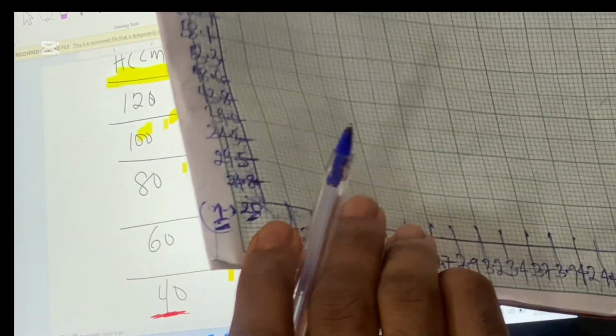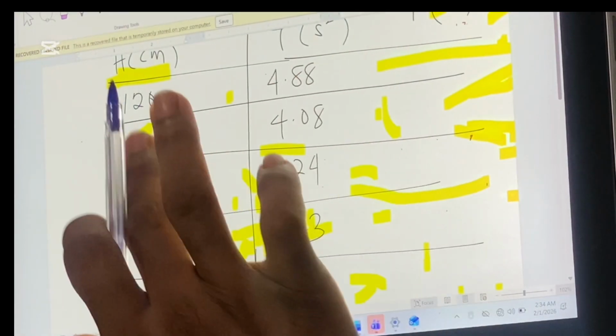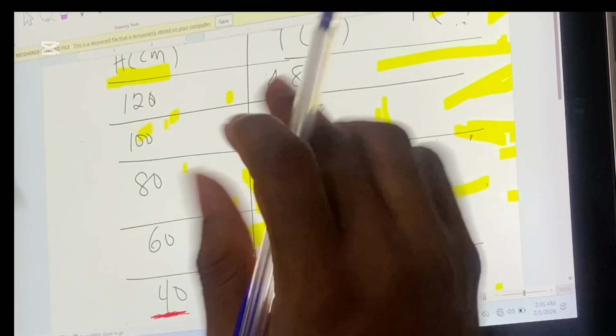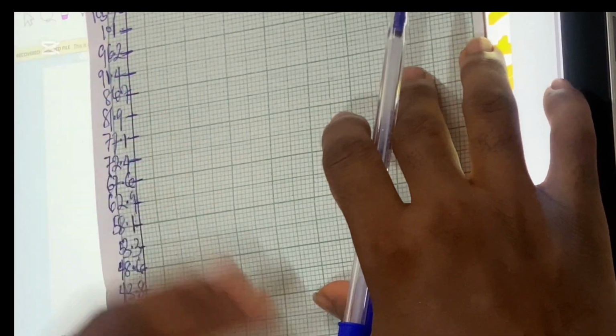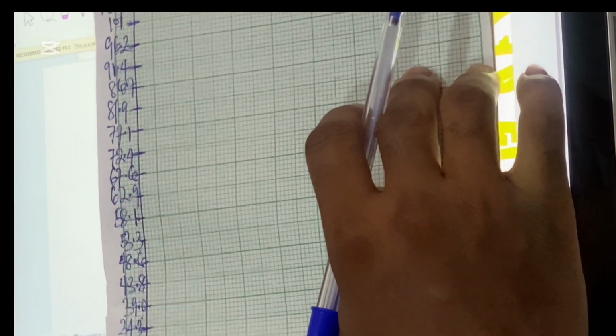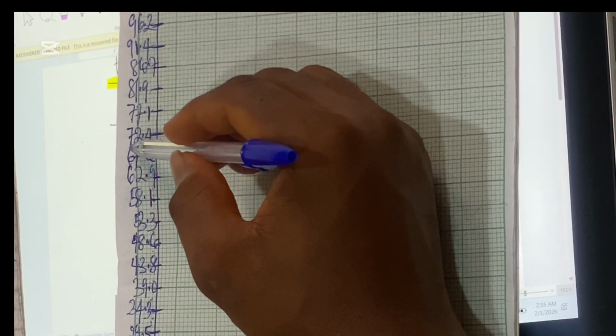Now the next is 100, trace this 100 here with 4.08. Do we have 100 here? Yes, we can get 100 here. How do we get 100 from here? You know that each of the bars on the LCM is 0.94.